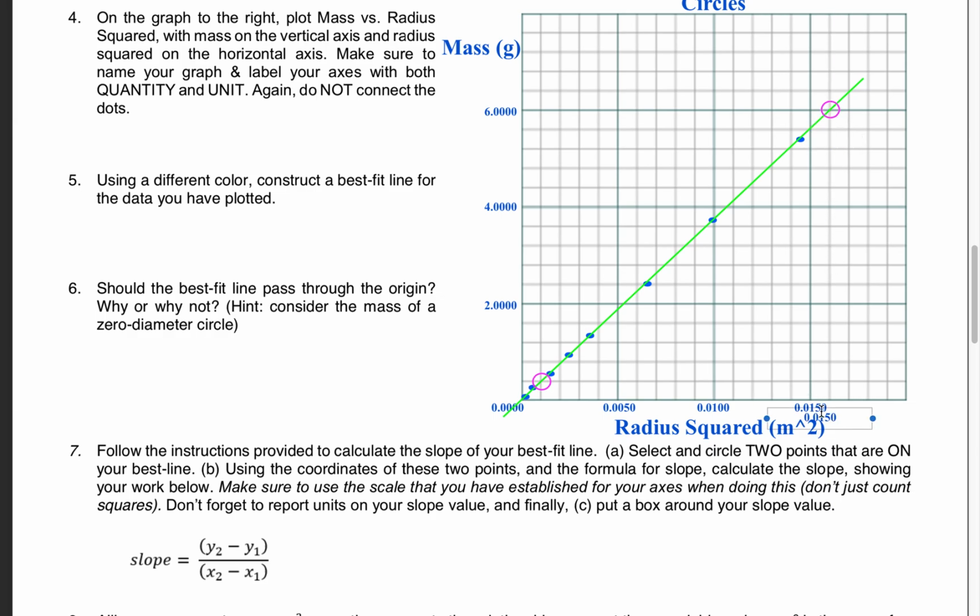This is the point, and each one of these is going to be 1/100th, so this is 0.016, comma 6.